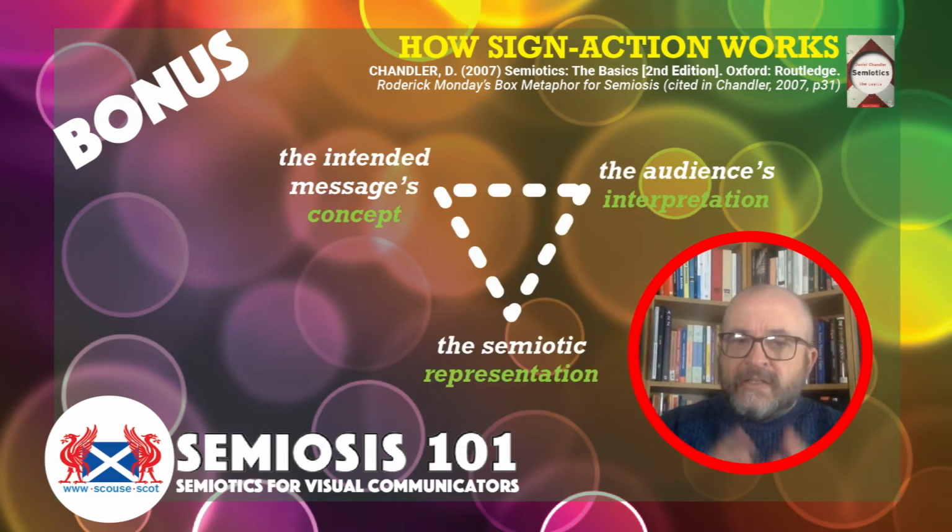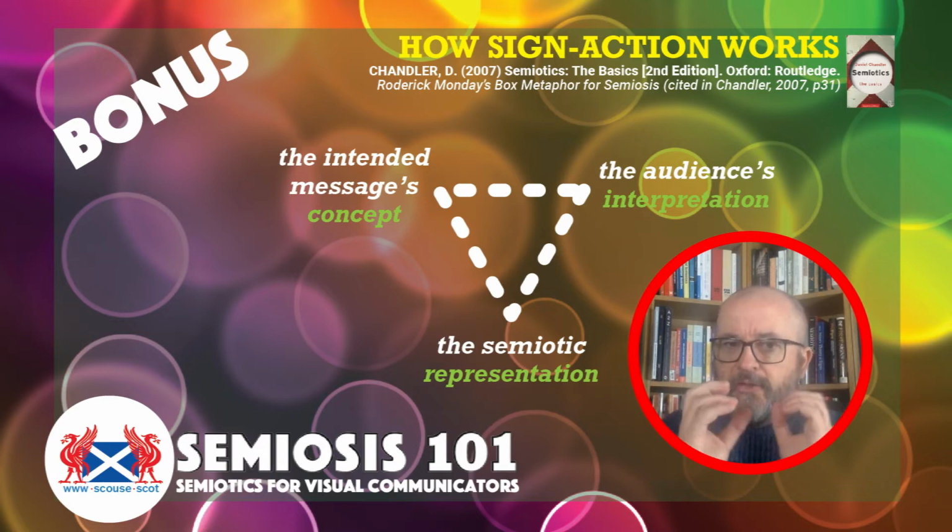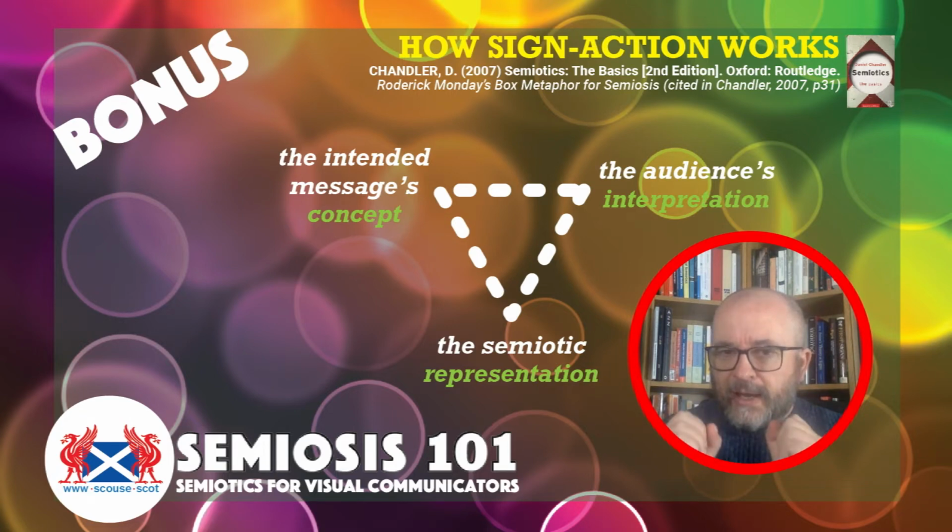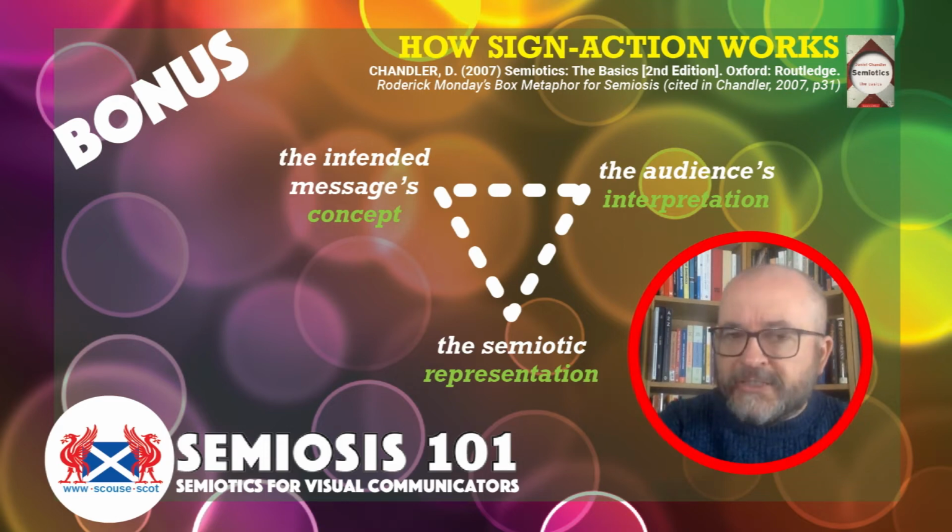And this is my designer-centric simplification of what all that means as sign action, as semiosis. The concept to be visually communicated, how the concept is represented, and how the representation is interpreted, which leads us back to the message we got, the concept to be visually communicated.